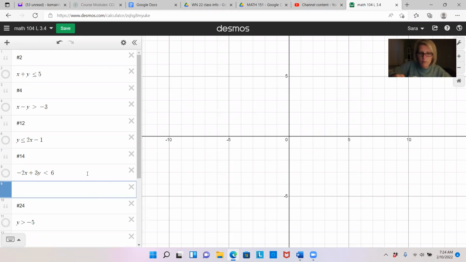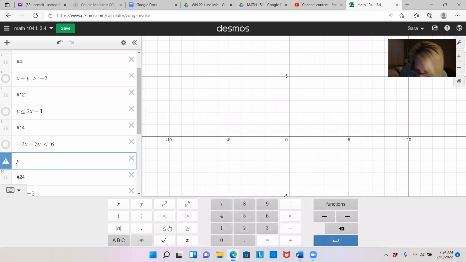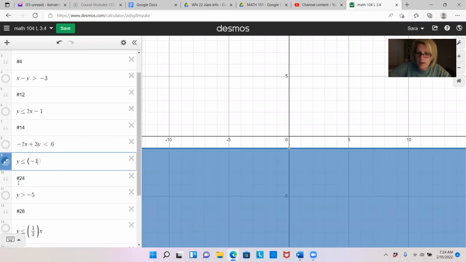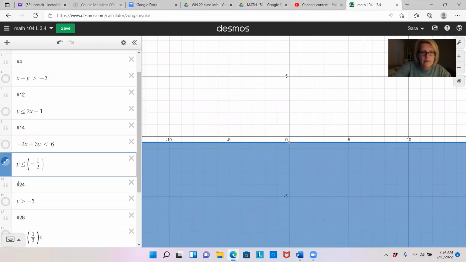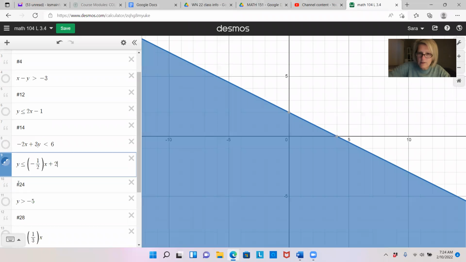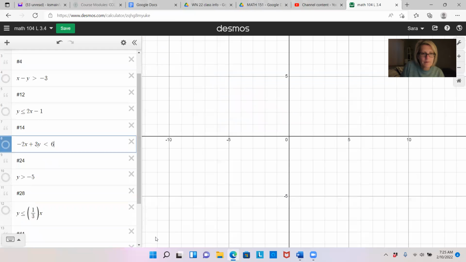I'm going to put in what we think is true: y, and I have to go to my keyboard so I can get that less than or equal to, and then parenthesis, -1/2, and I'm putting that in parentheses to make sure it's separated from the x, and then we said +2. And let's go back and see, does it look, it does, it looks just like the one we saw in the book. How cool is that? Yay.